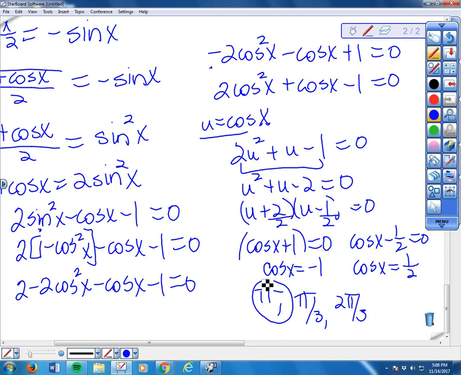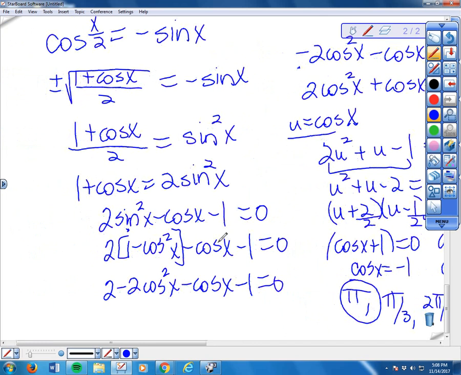The only thing I can think of is when I plug in 2 pi over 3 or 5 pi over 3 here, I end up getting a positive square root of 3 over 2. And the sine of pi over 3 or 2 pi over 3 is, wait, cosine x is negative, yeah, is square root of 3 over 2, and then this becomes negative.